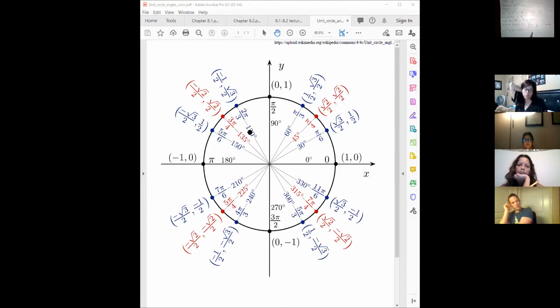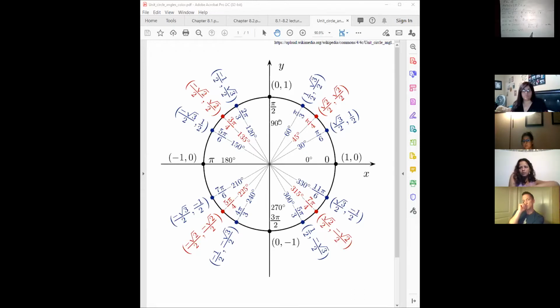Let's say it was 120. That would be the same as what? 60, right, which has the same y value over here. So all we have to do is subtract from 180 degrees to find these angles.